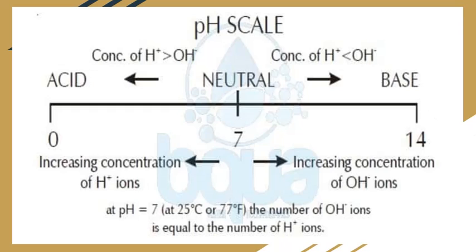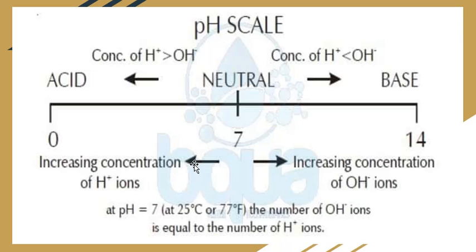So whatever I said in the previous slide, it's all written over here clearly. So you see neutral at 7, from 7 to 0 acid, 7 to 14 base. If you're moving towards the left, towards 0 from 7, there is increasing concentration of H plus ion.